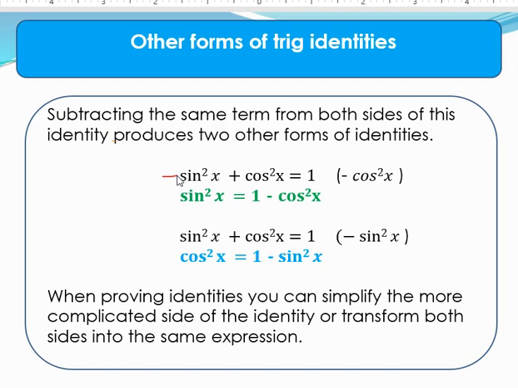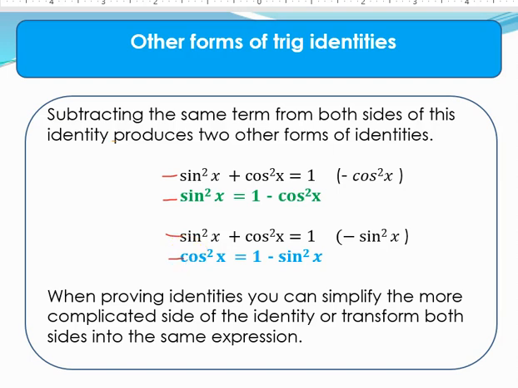If we subtract cosine squared x from both sides, we can convert this property, and you see that it is now in a new form. It's sine squared x equals 1 minus cosine squared x. And if we take the same original identity and subtract sine squared x from both sides, we end up with cosine squared x equals 1 minus sine squared x.